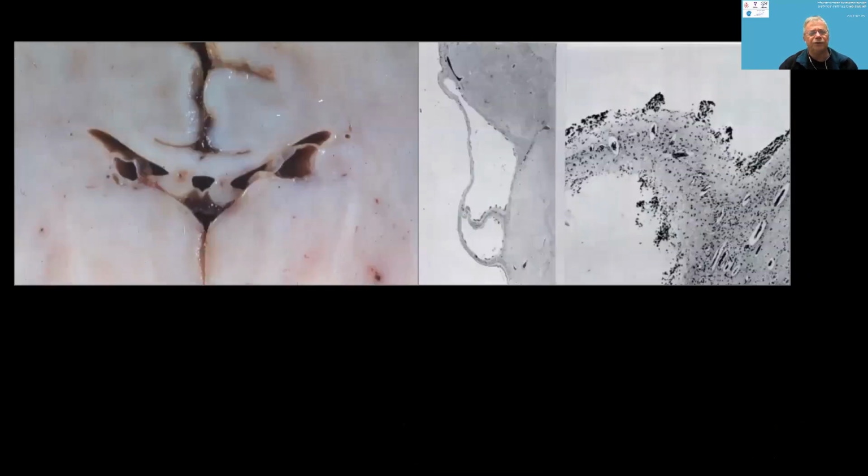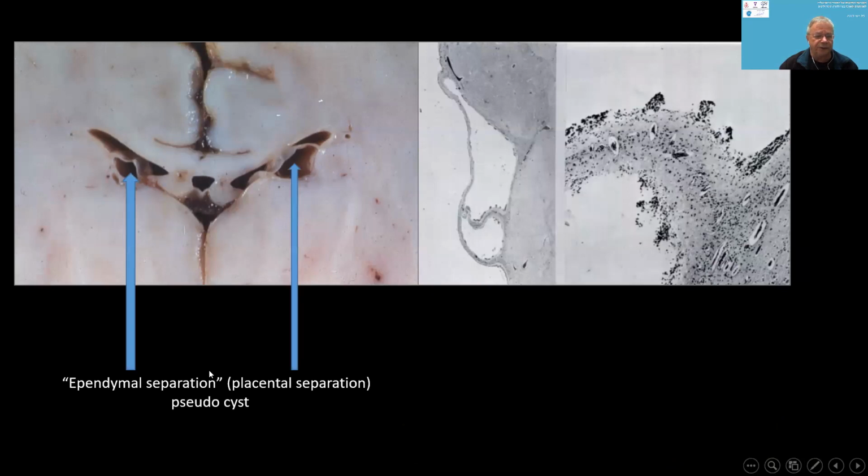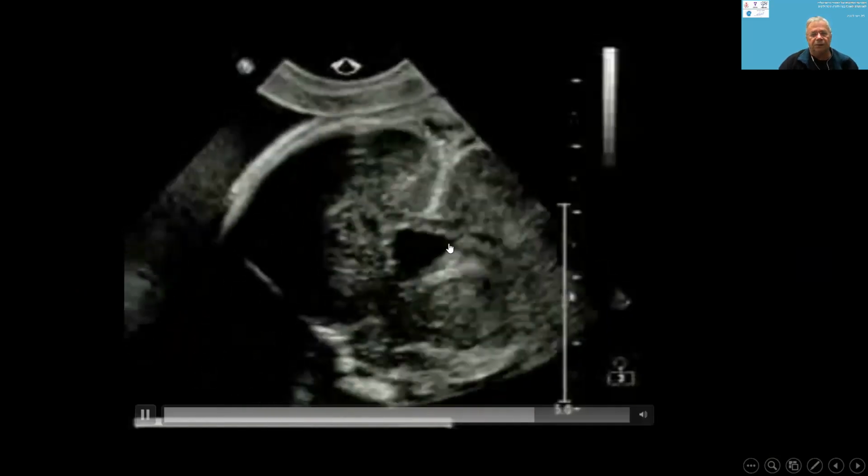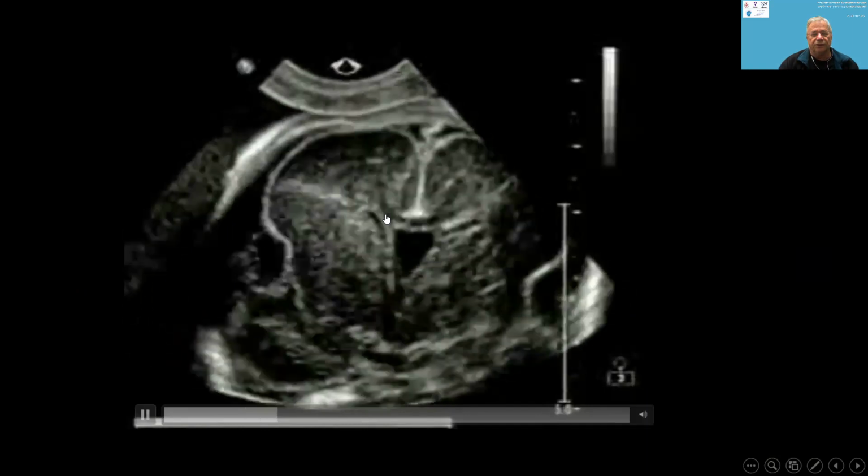We call them pseudocysts because the ependyma, it's like a placental abruption, an ependymal abruption. It's not a real cyst; it's a pseudocyst, and we can see that there is no structure of a cystic lesion.